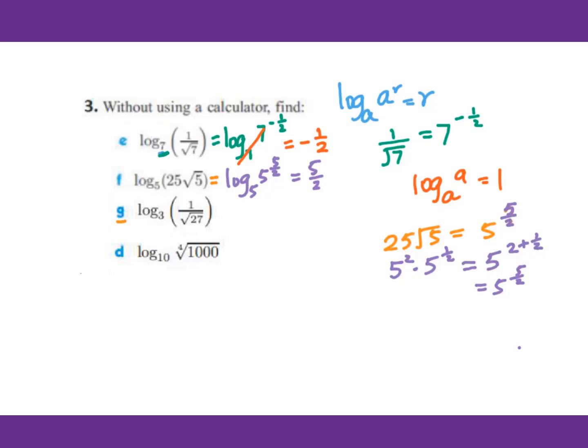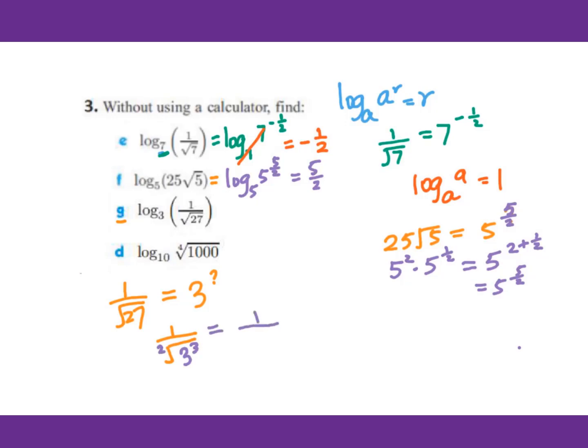For G, we got 1 over square root of 27. We want to get the 3 to what power? Therefore, 1 over square root of 27, I can write down 3 to the third power. We know square root is a 2.